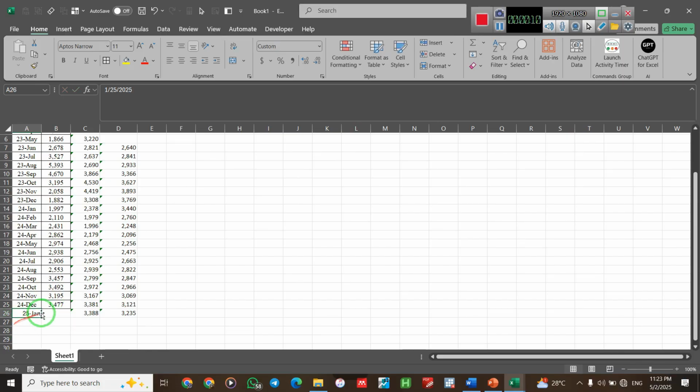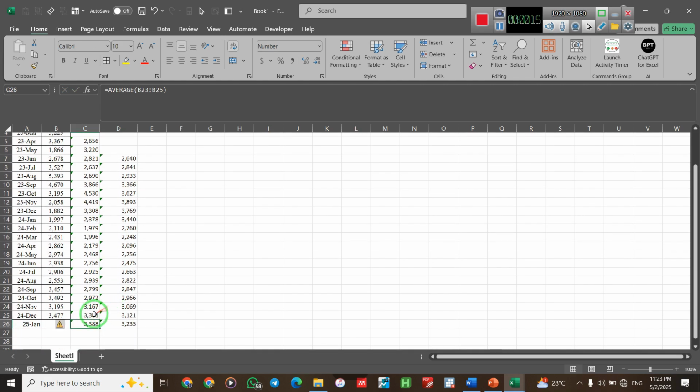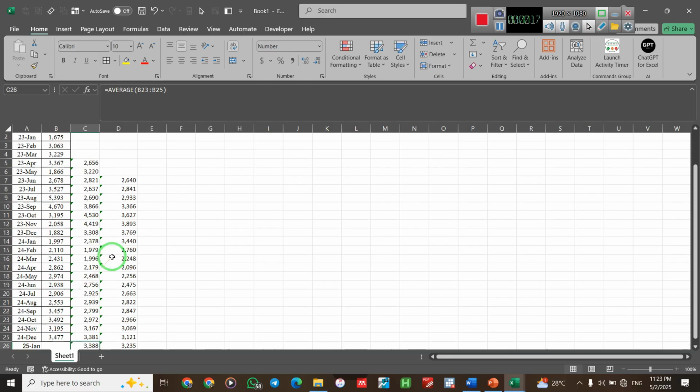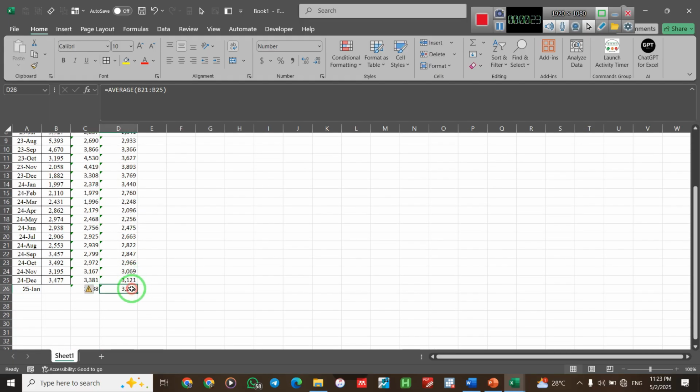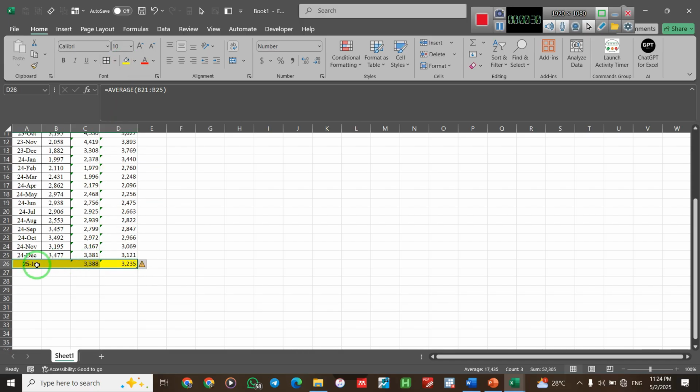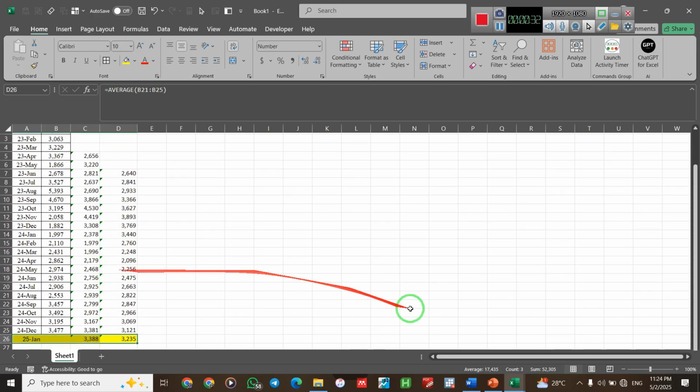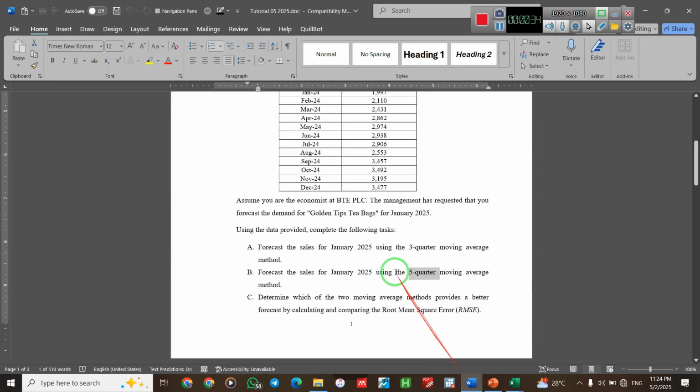So you have forecast the sales in January using the 3 quarter moving average and the 5 quarter moving average. For the moment I will highlight this in yellow color so you can easily identify the area we have forecasted, right? So now we have done our first 2 questions.